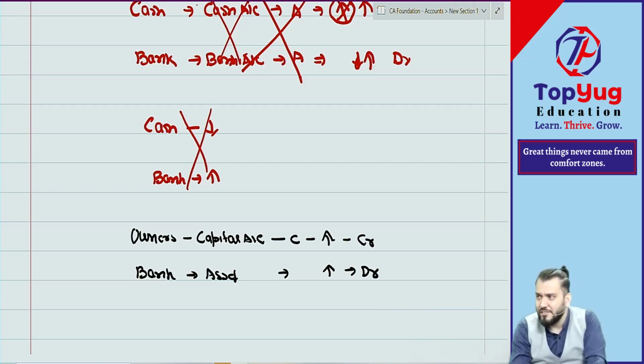Correct? Understood? So on the first day I said it is very simple if you have the right attitude. If you do not follow that attitude throughout the coaching class, nothing will help. Because you also know that the passing percentage is 10 to 15% or 20% in CA Foundation. Or let's say 25%, not more than that. 75% will not pass.